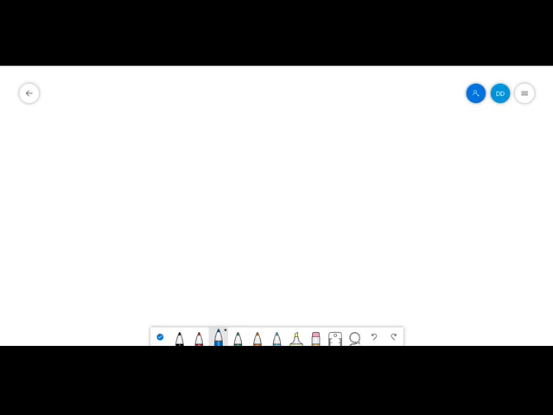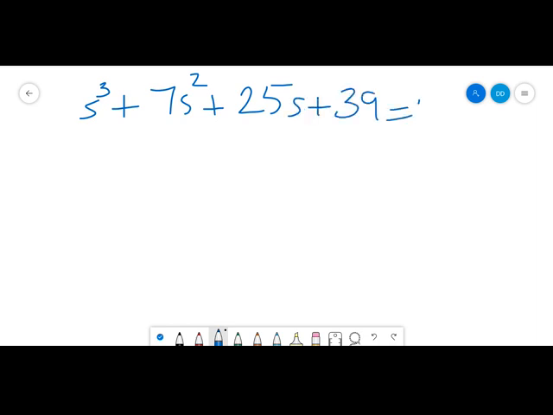So we will consider a characteristic equation S cube plus 7S square plus 25S plus 39 equal to 0.